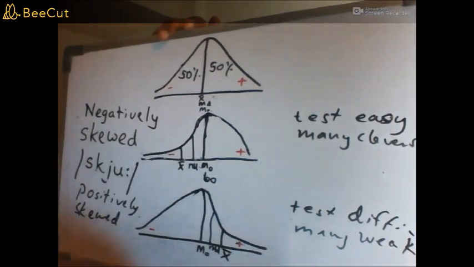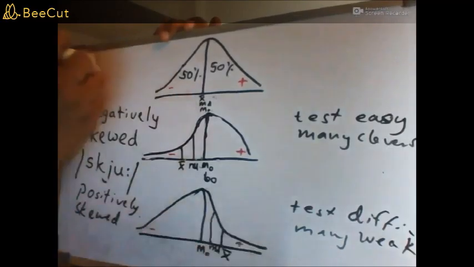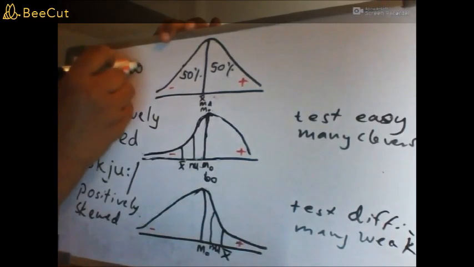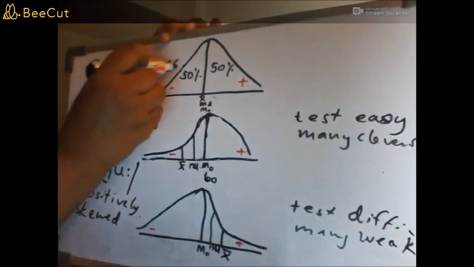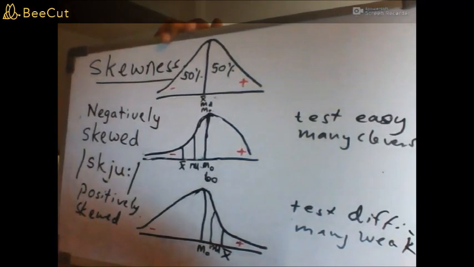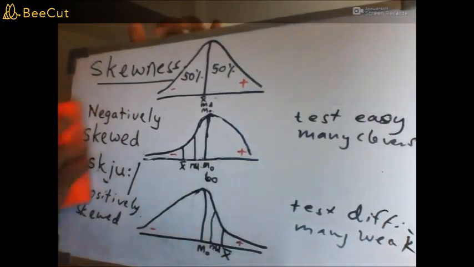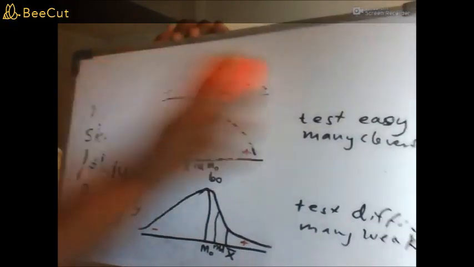Right, so that is one part about skewness. Positively skewed, negatively skewed. Next one.